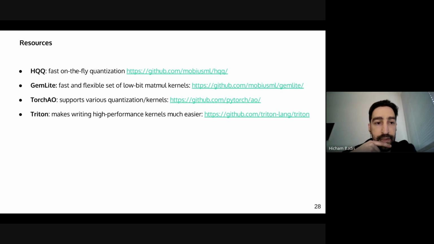TorchAO, a really nice PyTorch library to run quantization. They also have different kernels. And obviously Triton, if you want to write your own kernel and experiment with this, Triton is probably the easiest way of writing kernels.